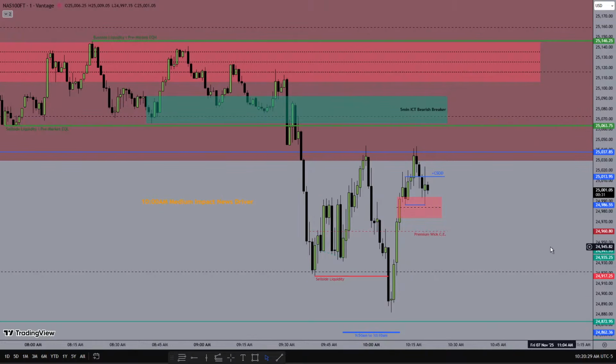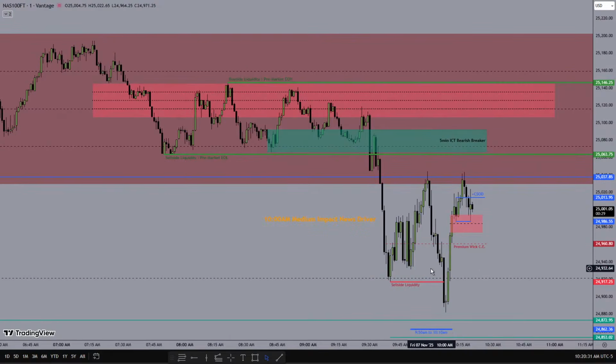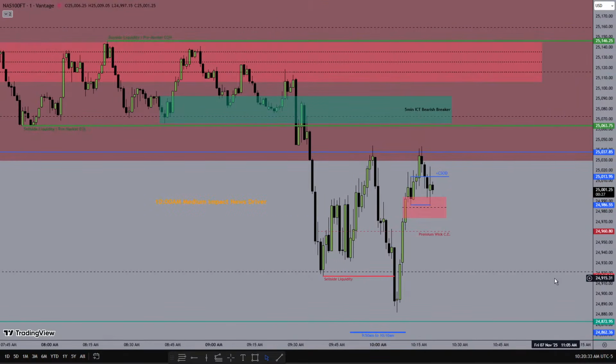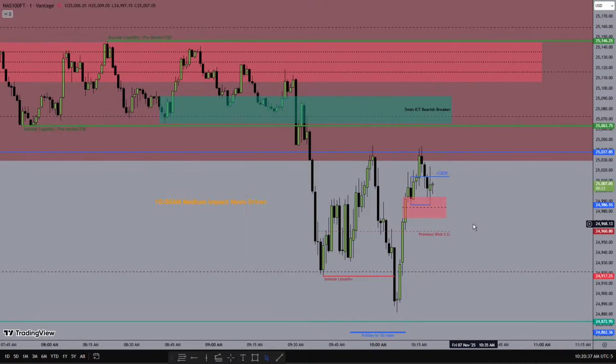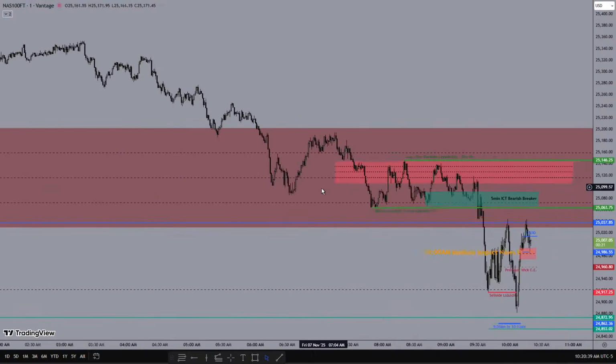And I have too many things on my chart. Hate these price labels.